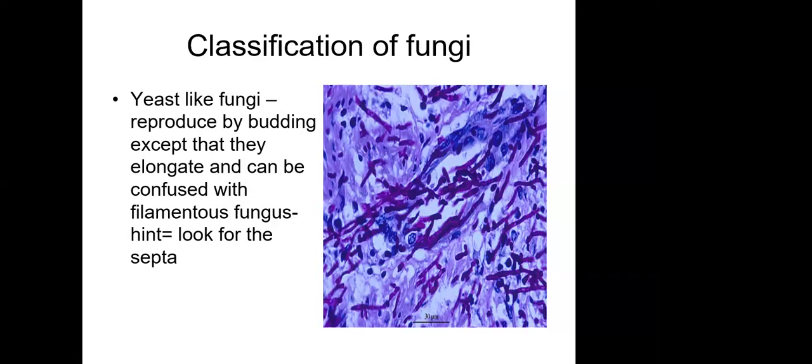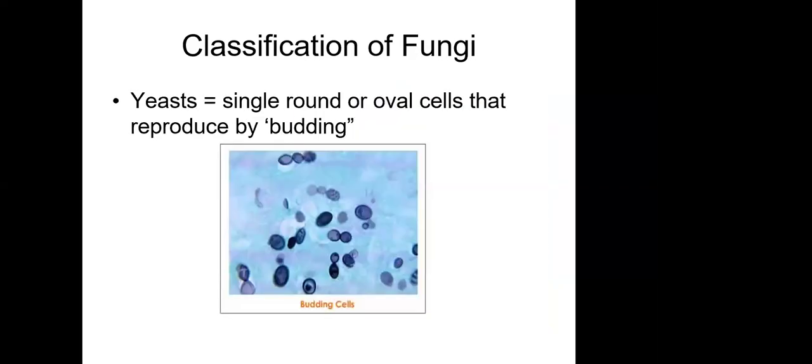Then we have yeast-like fungi. The reason it's called yeast-like is because it reproduces like the budding fungus does, except that they elongate when they replicate. Rather than two little circular cells popping apart, it just elongates out and makes another long cell, and another long cell.